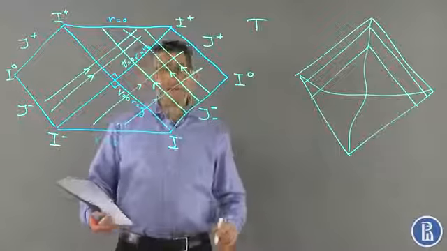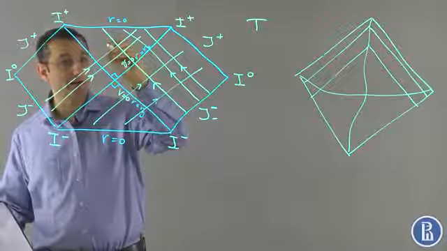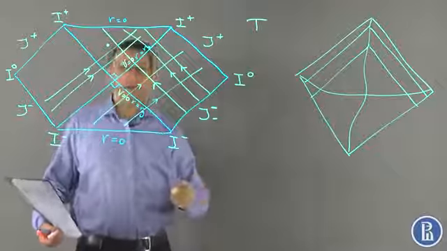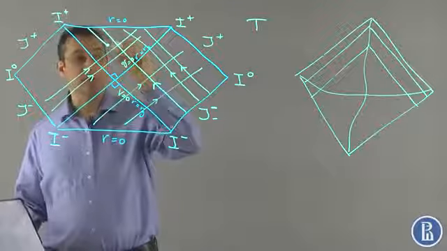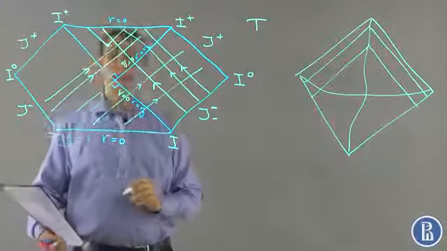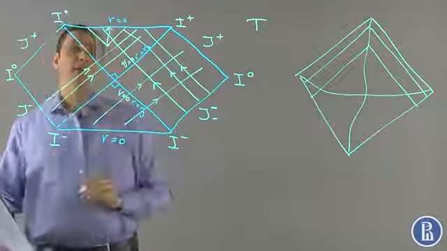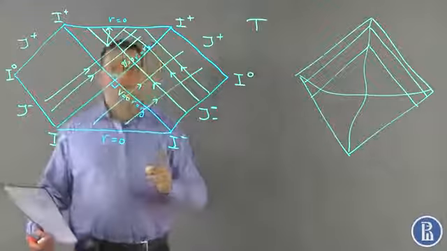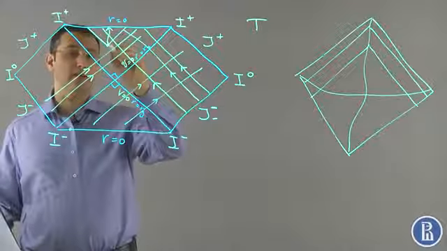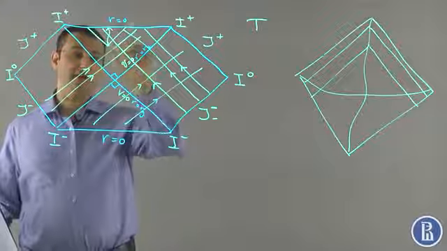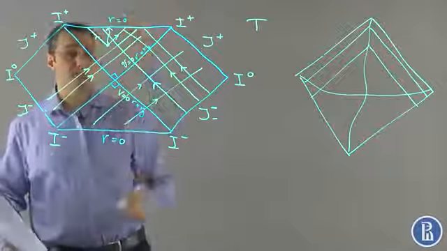We have a funny thing: if someone, for some reason, appeared at a point here, the future light cone starting from this point goes like this, and one will inevitably end up at r equals 0, because any massive particle or observer has a world line going within the future-directed light cone. So inevitably it will end up in the singularity.